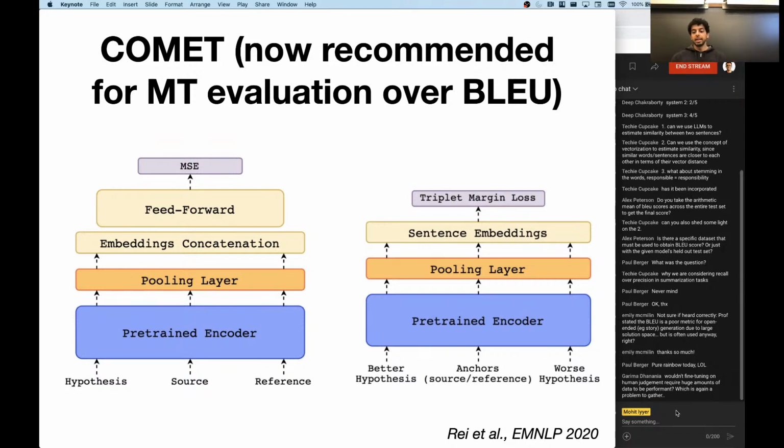But it's a good point because the errors that translation systems were making in 2015 are not present in large quantities now. So training on data from 2015 may not be so relevant to evaluating today's systems. And this kind of data drift issue is very important for modern metrics, and it has not been addressed yet.